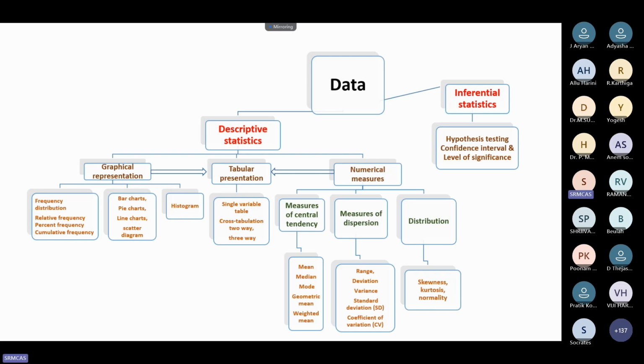For example, in general, we are not able to study each and every object or subject in the population, because the population will usually be large, even lakhs, crores, 10 crores. So we cannot study each subject in the population.